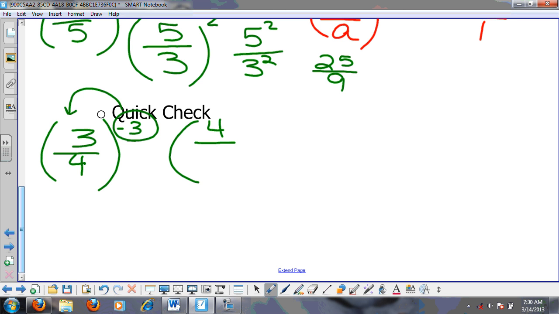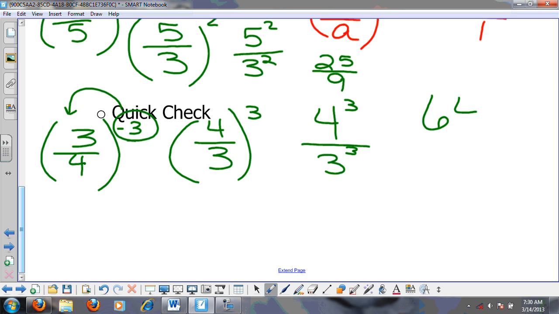So 4/3 cubed becomes 4 cubed over 3 cubed. 4 cubed is 64. 3 cubed is 9. You can leave it 64 over 9. No, 3 cubed isn't 9. 3 squared is 9. 64 over 27. Or you can make it into a mixed number if you like. But 64 over 27 would be fine.